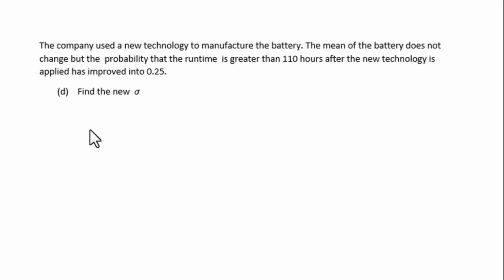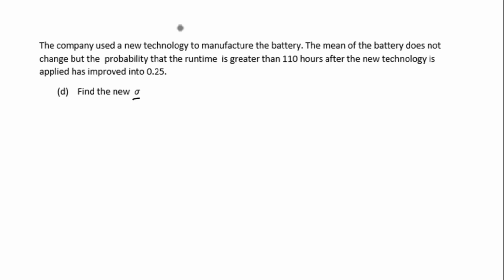The company used a new technology to manufacture the battery. The mean of the battery doesn't change, but the probability that the runtime is greater than 110 hours after the new technology is applied has improved to 0.25. Find the new standard deviation. Since we are looking for standard deviation, we have to use z-score.